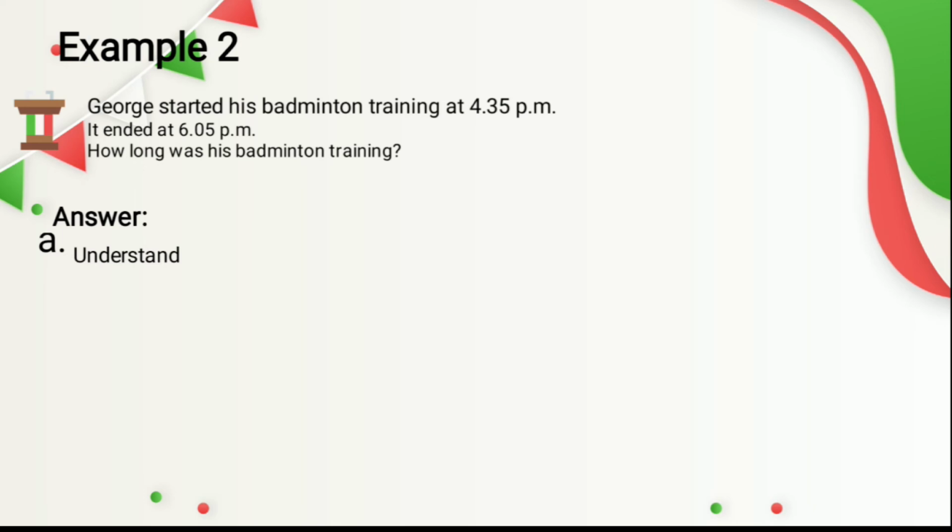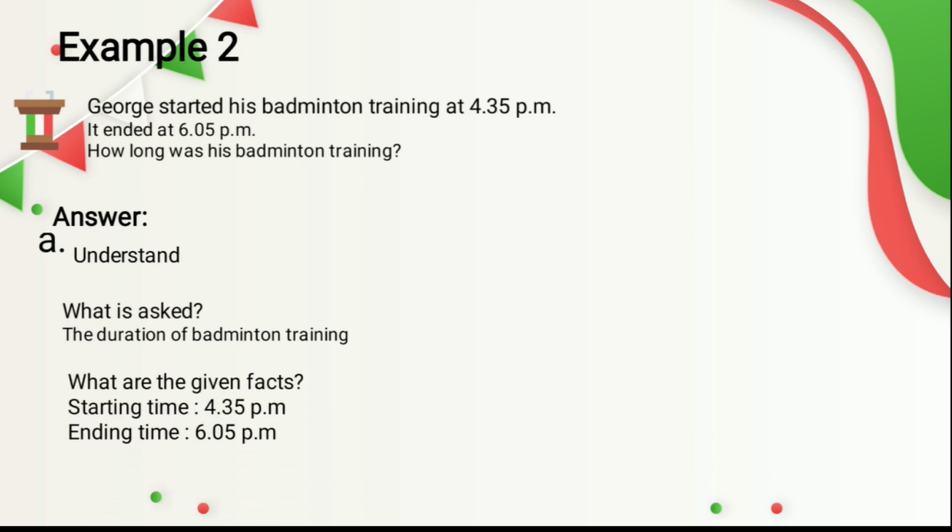The first step, understand. What is asked? The duration of badminton training. What are the given facts? Starting time 4:35 p.m. Ending time 6:05 p.m. The step 2, plan.